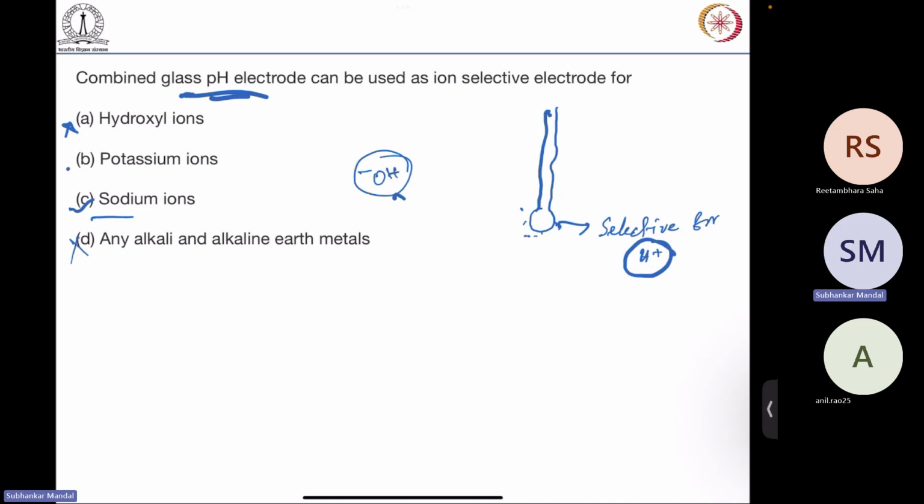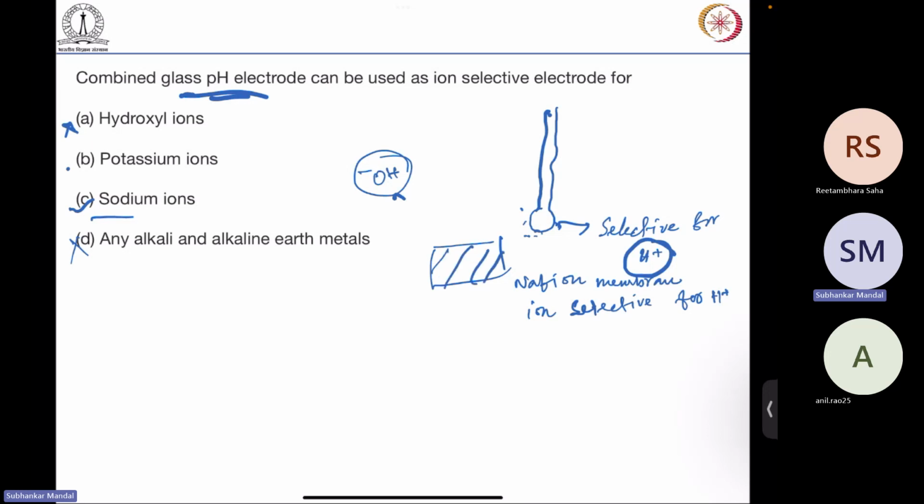The ion selective membrane is a different thing, because along with the glassy electrode there is some membrane also, like I can say the Nafion membrane, which is ion selective for H plus ion.